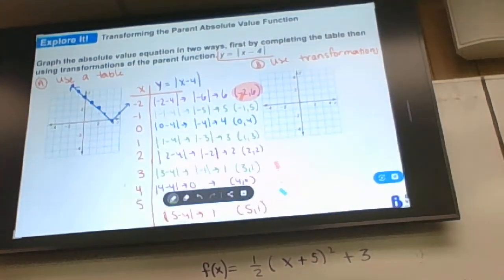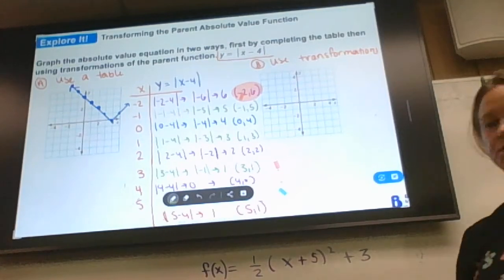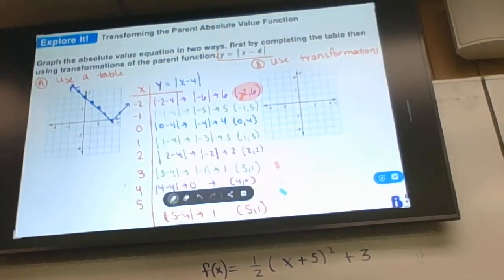So an H shows a horizontal translation opposite. So to use the transformation method, all we have to do is move the parent function horizontally 4.